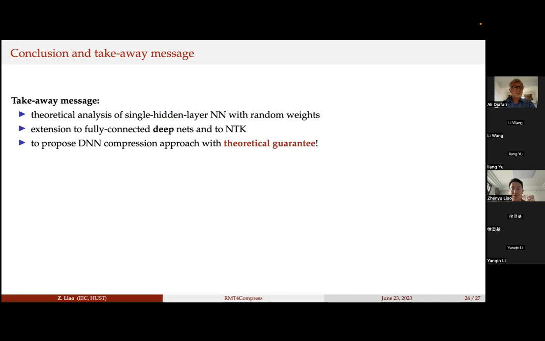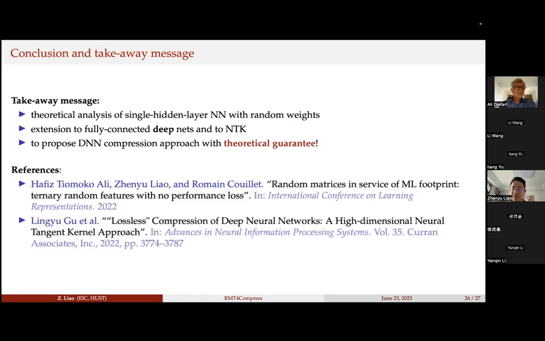And this allows us to propose an NTK compression method with rather strong theoretical guarantees. These two results are described in the following two papers. And I also mentioned at the very end the learning dynamic results, which are not yet published.